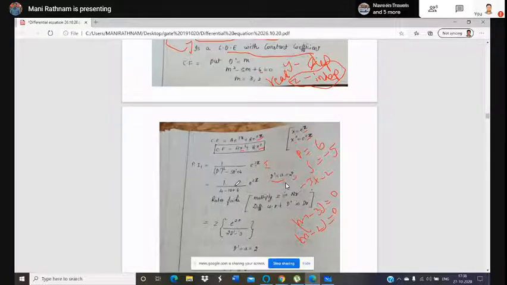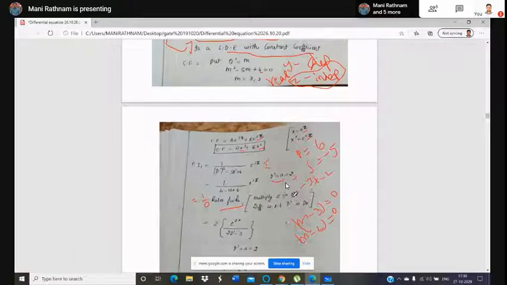So 2 square is 4, minus 10 plus 6. You get 1 by 6 plus 4, 10 minus 10, 0. So you get 0 in the denominator, so the rule fails. Rule fails means what we have to do? Multiply z in the numerator, because here the independent variable is z. In the previous topics, we multiplied x in the numerator because x was the independent variable.